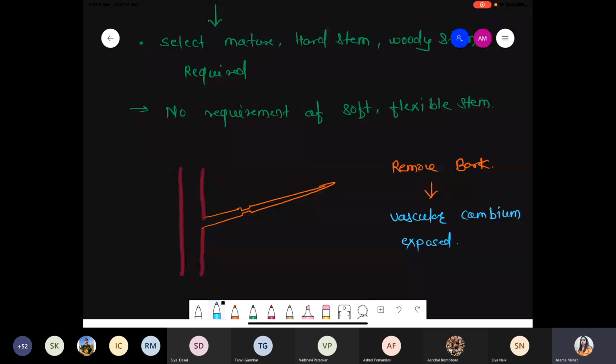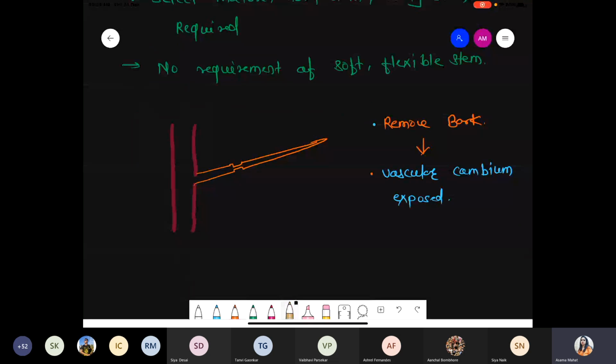So first step, you have to remove the bark region. Due to removal of the bark, the vascular cambium will be exposed. And now the exposed area should be covered with the help of grafting clay.